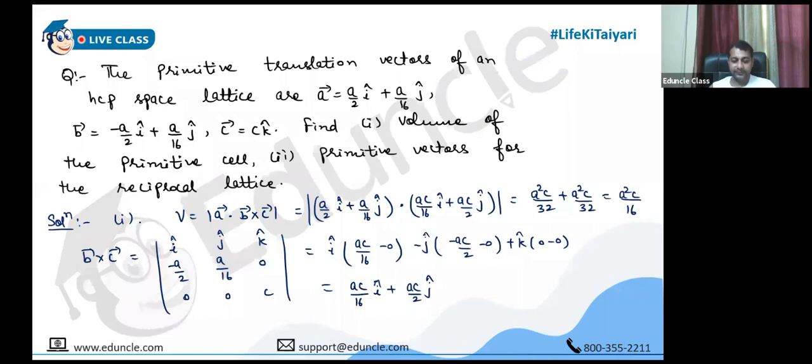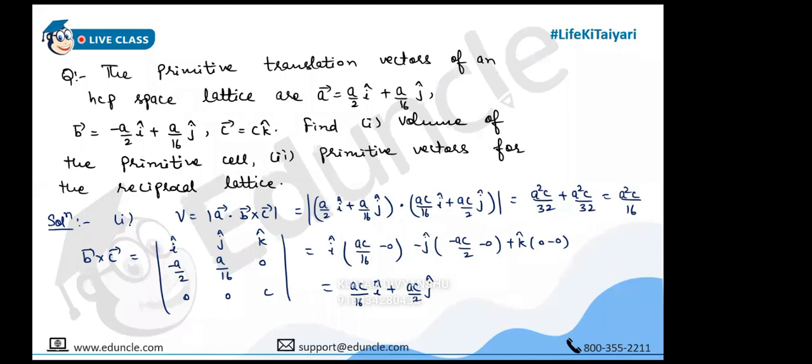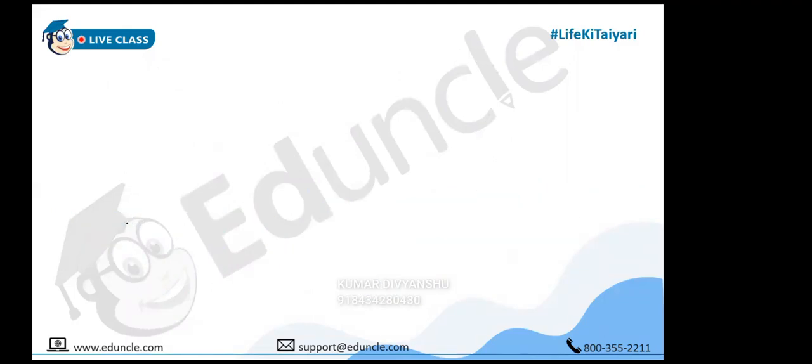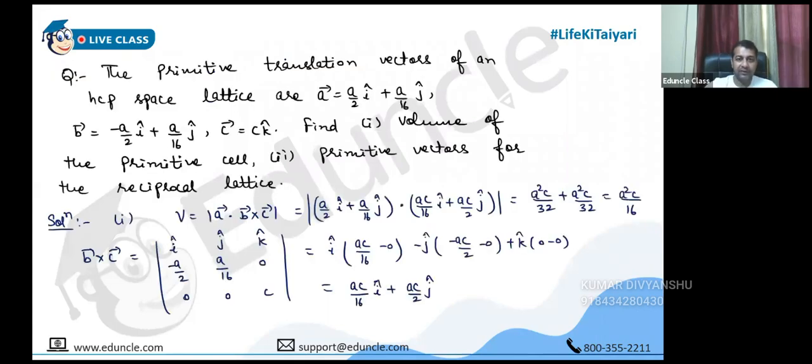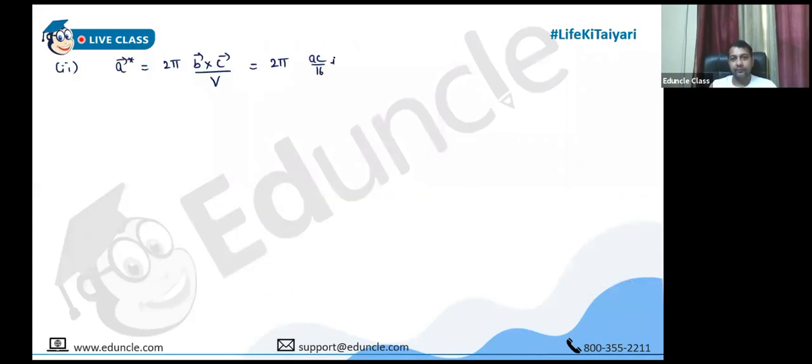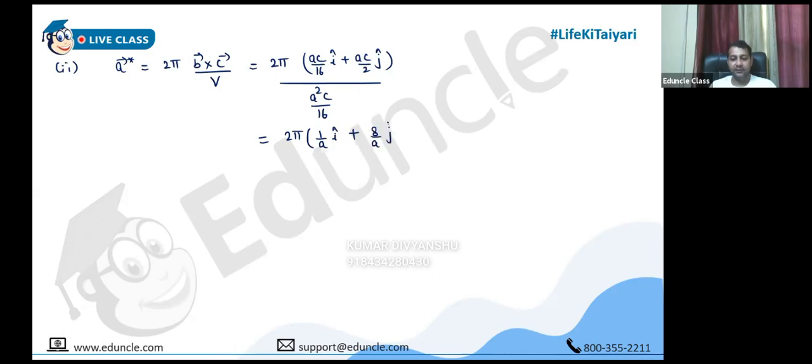Primitive vectors for the reciprocal lattice. So now we already have the volume and this B cross C part. So what is the answer? AC will get cancelled, and of course, in the first part it will be 1 by A and 8 by A, isn't it? So it will be like 2 pi by A i cap, 16 pi by A j cap.